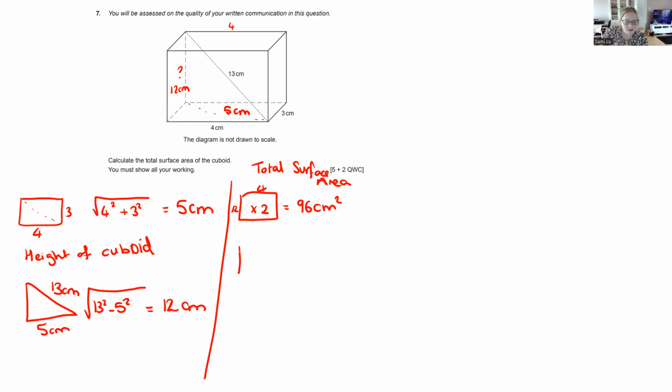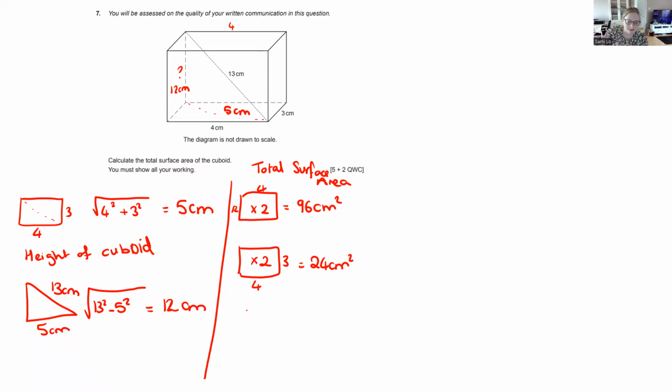The second one we're going to do is the one we were given straight away. That was 4 by 3, and again, there are 2 of those. So 4 times 3 is 12, times 2 is 24 centimeters squared. And then the last one right here, I'm going to move that up so I can write the last part of the question underneath.